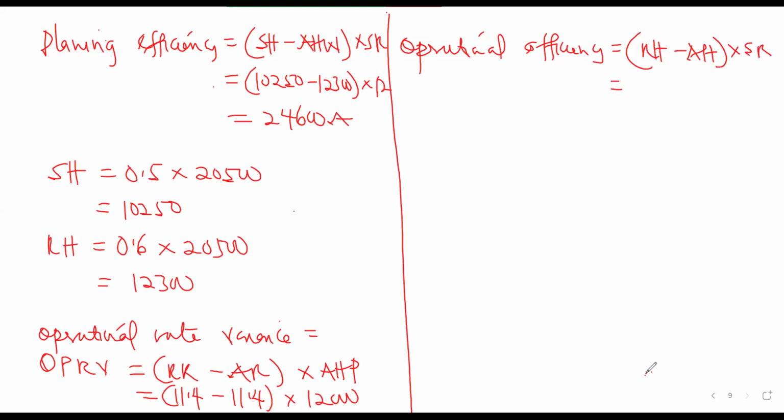So our revised hours are what? 12,300. Is that correct? Minus 12,000, multiplied by 12. Our actual hours are 12,000, our revised hours are 12,300. So we are having 300 multiplied by 12. What are we having?